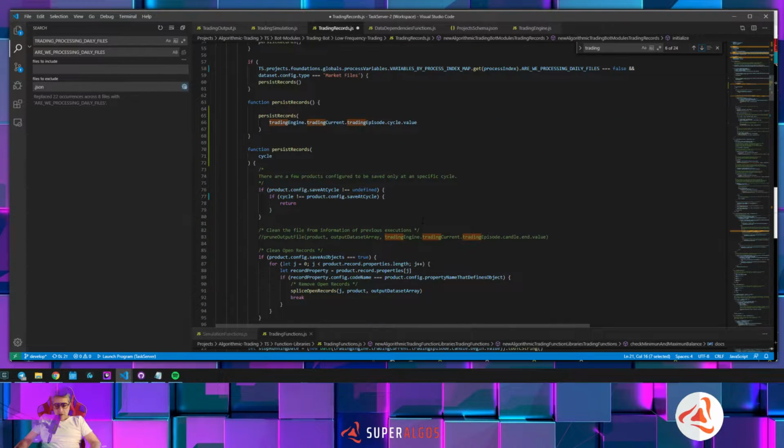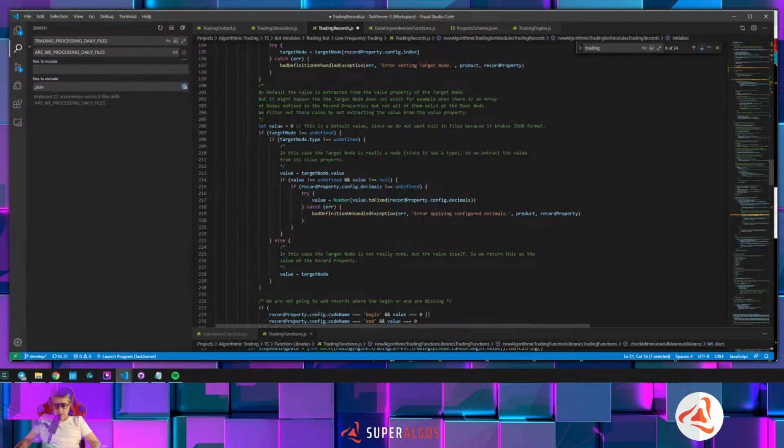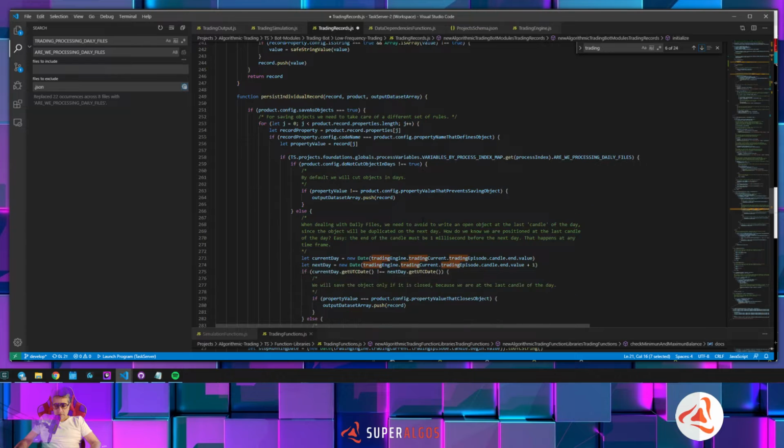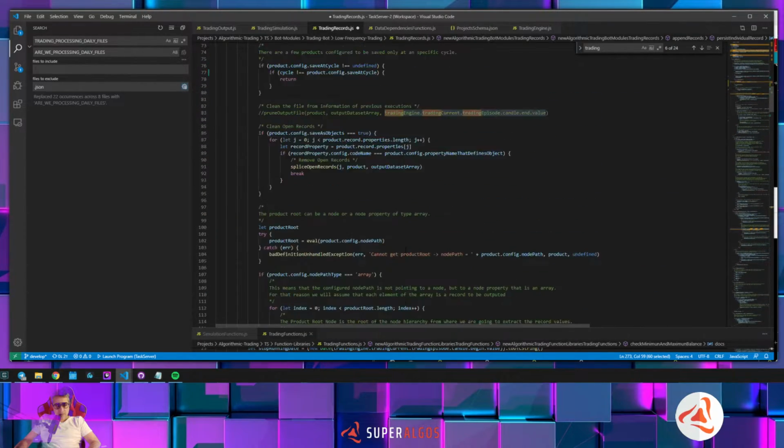And I'm going to do the candle end, because it's not going to be a trading episode anymore. It's going to be probably something else like portfolio episode. So this will be a parameter to the function.